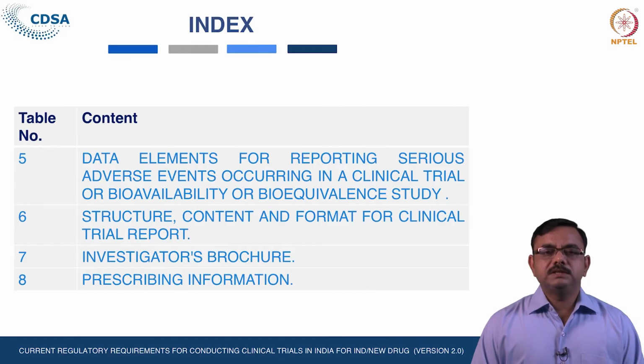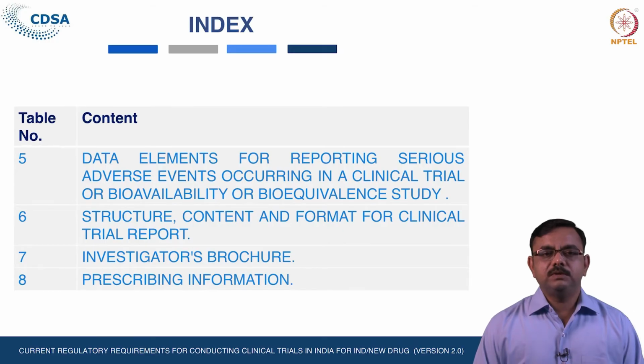Table number 7 is the elements for the investigator brochure, and table number 8 is for the prescribing information. Tables 1, 2 and 6 we have already covered in another lecture, so we will just glance at them and not go into detail.